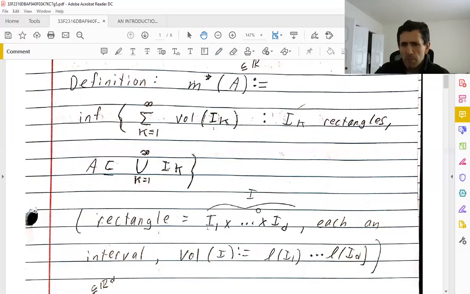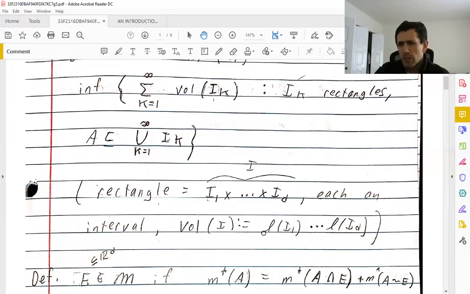So the definition of measurability is basically the same.